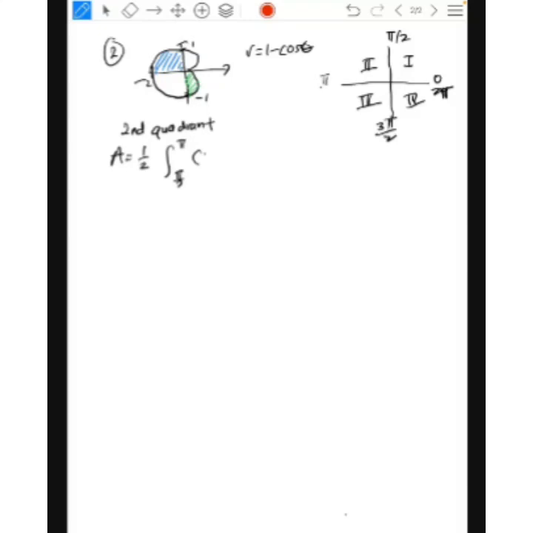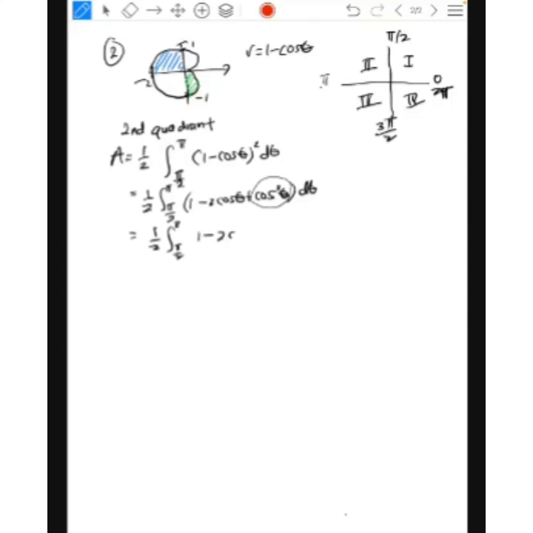Okay, and then 1 minus cos theta squared d theta. So before you do anything, open the bracket first. It will be 1 minus 2 cos theta plus cos squared theta. Okay, and then don't forget this cos squared theta, change it using the identity.